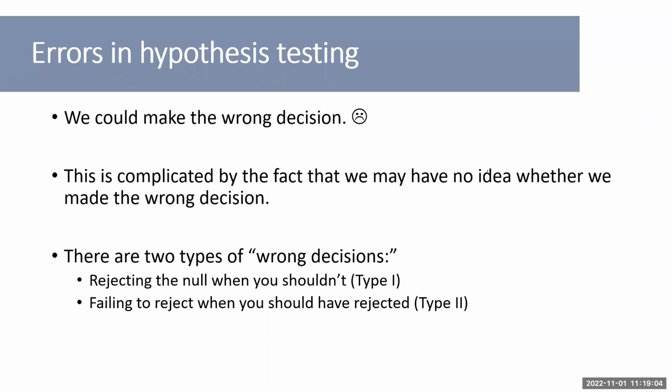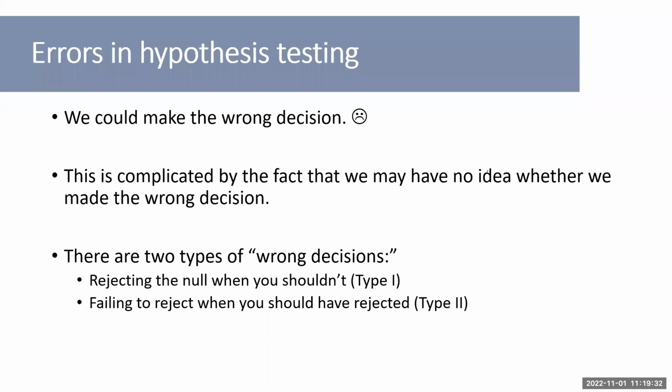This is all complicated by the fact that, remember, with those confidence intervals, I said, well, how do you know that you're one of the green ones when we were in class? How do we know that we're one of the ones that actually contains the true value? And we don't. So we never know if we're actually correct. If we knew that parameter value, we wouldn't be doing any of this inferential statistics. So we don't actually know our answer here.